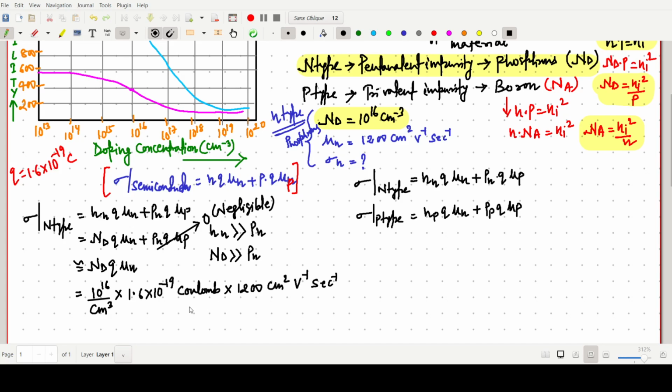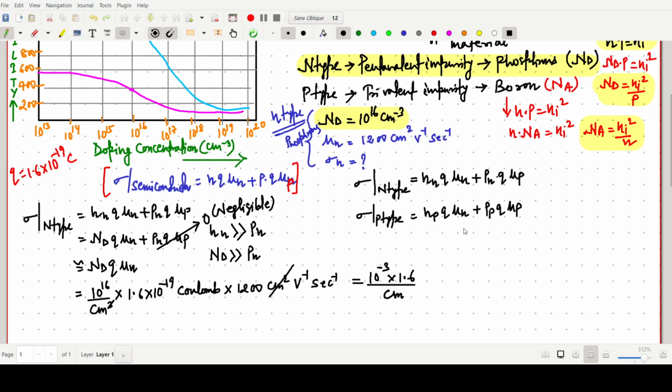Now from here, what we can observe is that centimeter square and centimeter will cancel out. If we solve this, we can write 10 to the power 16 into 10 to the power minus 19, which is 10 to the power minus 3, into 1.6. In the denominator, I am writing centimeter.